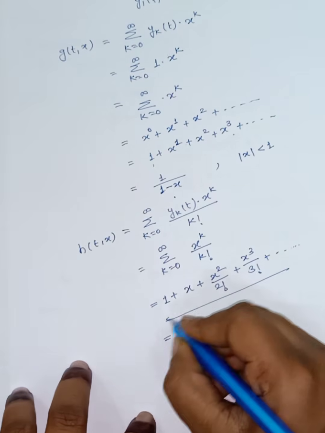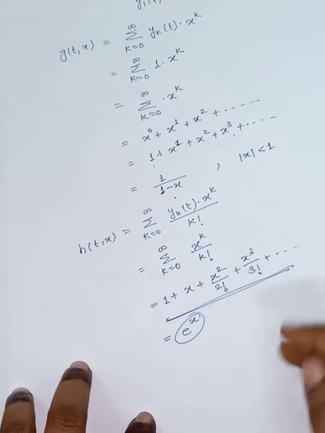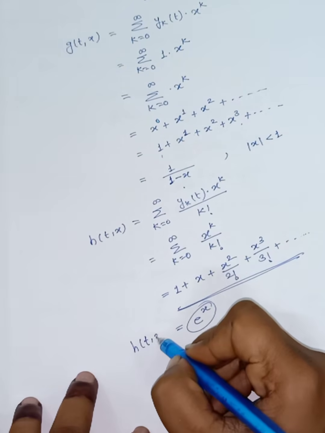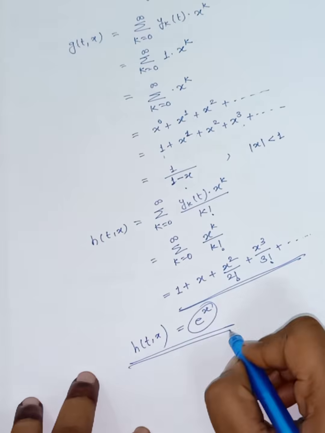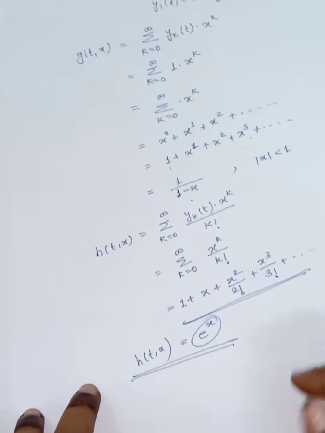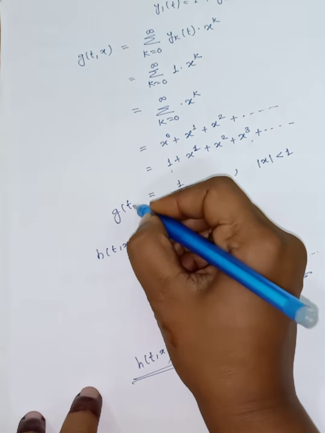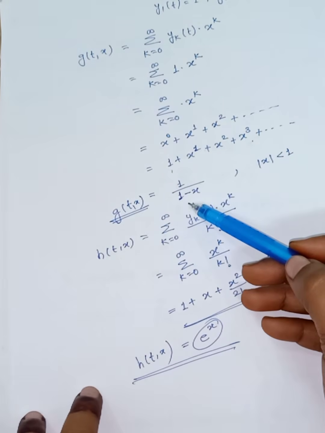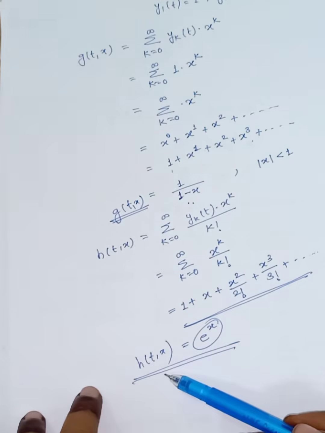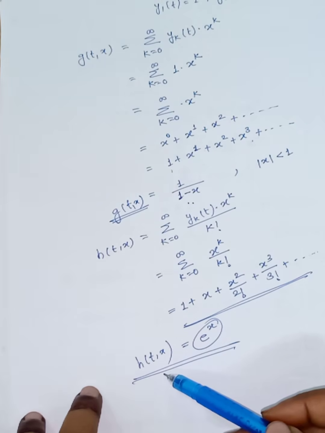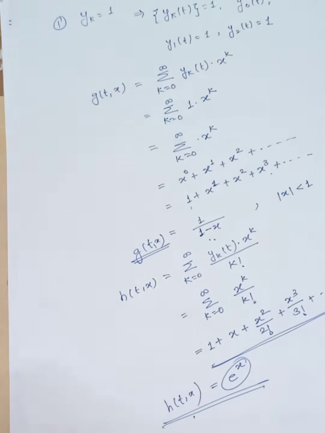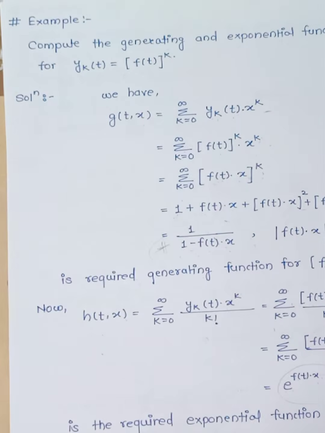This is the form for e to the power x, and this is our h of t x. So this is the exponential generating function, and this g of t x, that is 1 upon 1 minus x, is the generating function, and this is the exponential generating function. Okay, so this is the example for finding a generating function and an exponential generating function.